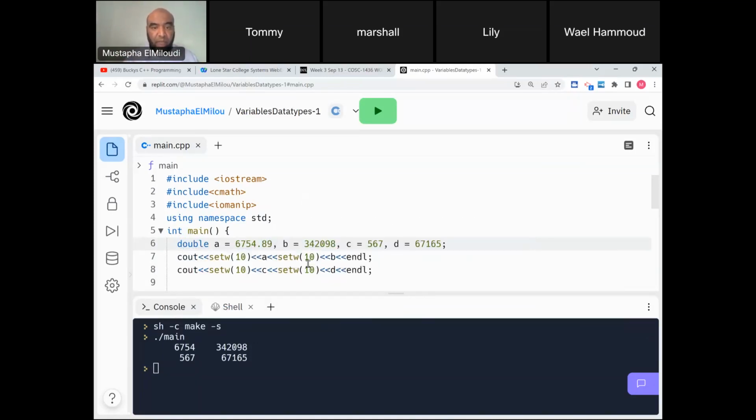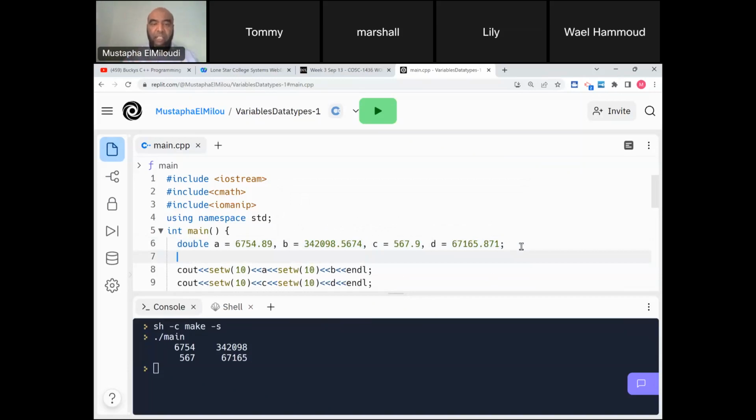And some of them have more, let's say they have 4 decimal points. And then this one has only 1. And this one has 3, let's say. But still, I wanted them aligned. And also, I want to make sure that the decimals are aligned. And I want only 2 decimals. I don't want too many decimals.